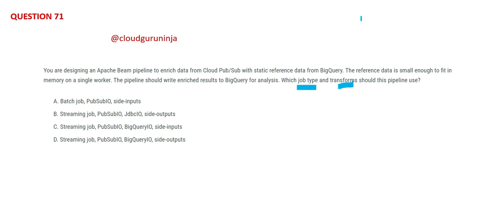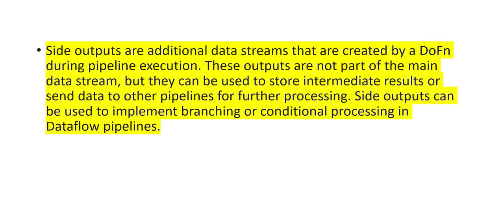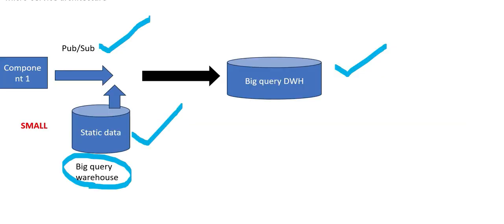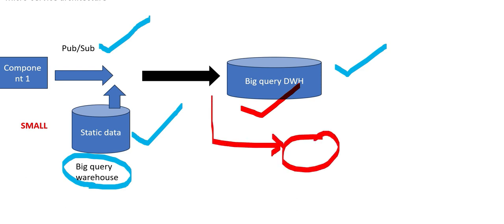I cannot use batch job because I'm talking about Pub/Sub, which works with streaming data. So B, C, and D, all three are using streaming jobs. The one with side output, this is wrong because side output, if you want to put data in something more, like you see this data is coming in warehouse, if you want to also put it into one more target, then you have side output.